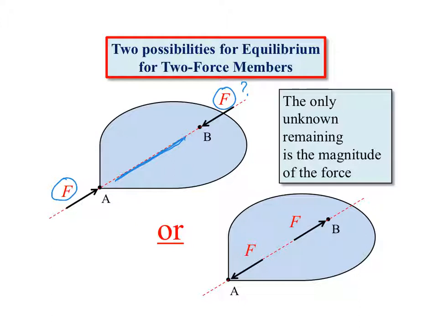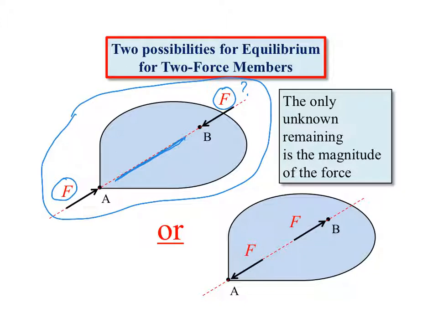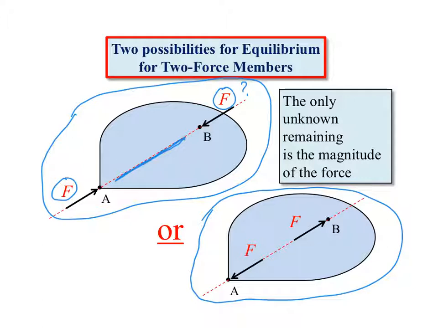Those forces can be directed towards one another at A and B, as shown in the upper left-hand free body, or they could be directed away from one another. And so the only unknown remaining is the magnitude of the force. When we do our equilibrium calculations, we'll see with a two-force member that we'll guess whether the forces are either directed away from one another or directed towards one another, and the sign of our result will tell us if we've guessed right or the opposite sense, and we'll find the magnitude of that force.